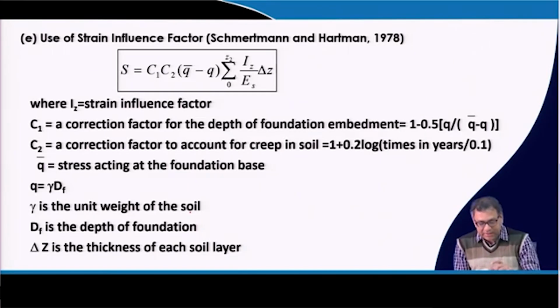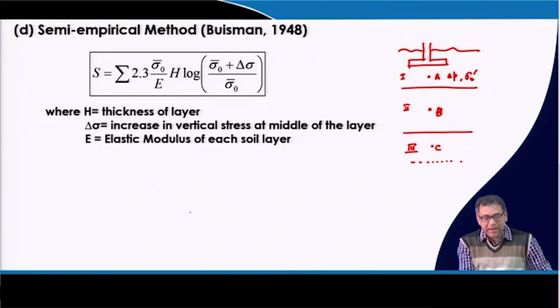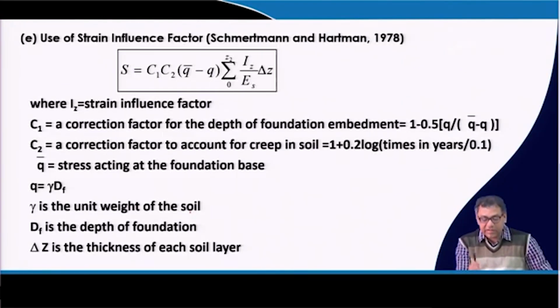Delta z is the thickness of each layer. In the previous equation it was given as H, which is also the thickness of each layer. Here it is written in a different form, delta z, and then we have to take the summation from 0 to Z2.